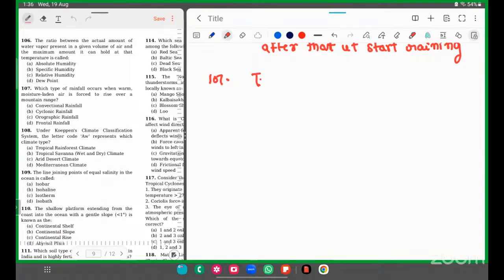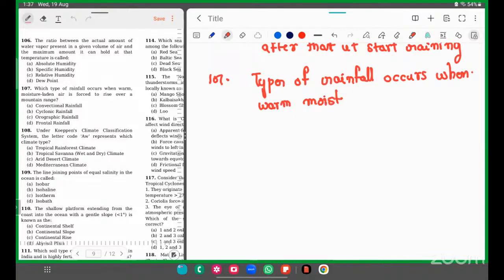107, which type of rainfall occurs when warm moisture laden air is forced to rise over a mountain range.